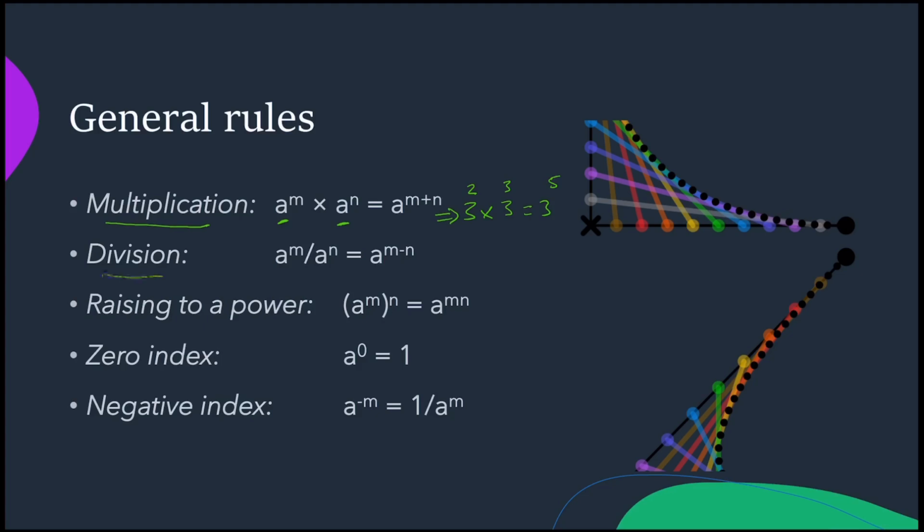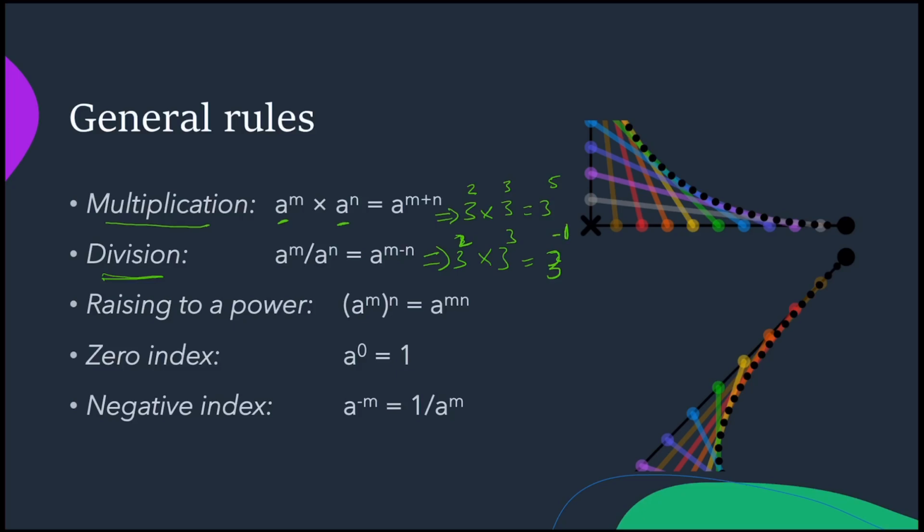If we have division, it's going to be the opposite. When you divide, you're going to subtract the indices. So an example here: 3 to the power of 2 divided by 3 to the power of 3. The base is the same, 2 minus 3, that means 3 to the power of minus 1.